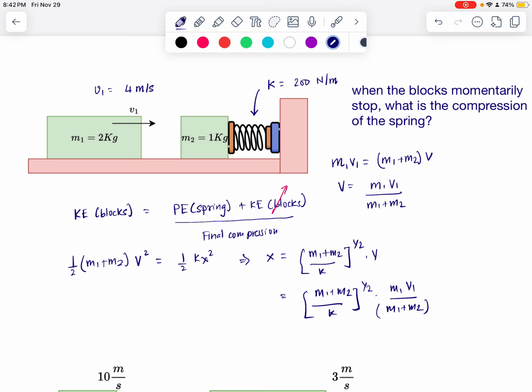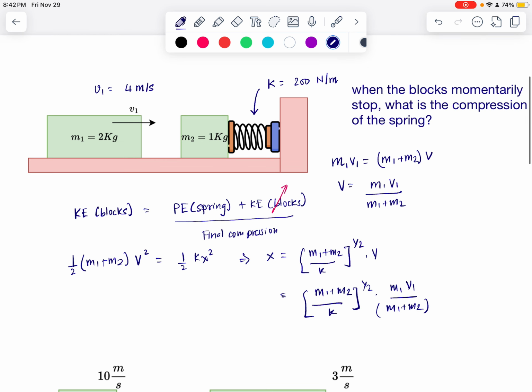So that turns out to be about square root of 6 divided by 10 meters. That's the value of compression when both these masses have stopped moving. So that's pretty easy to solve.